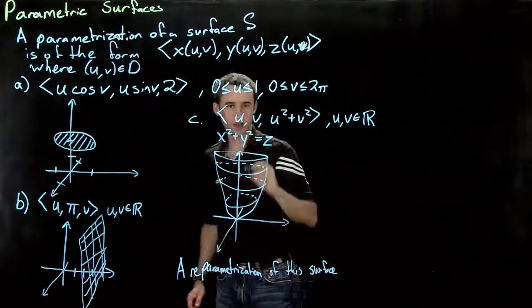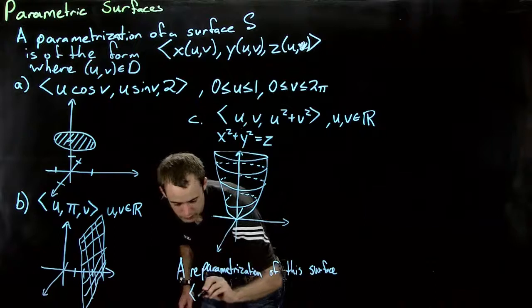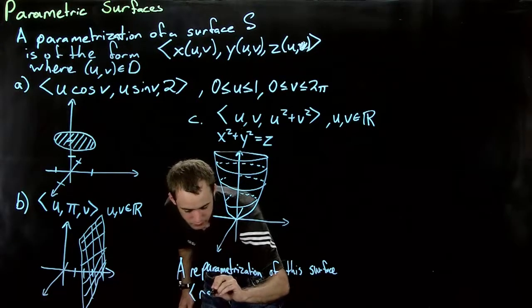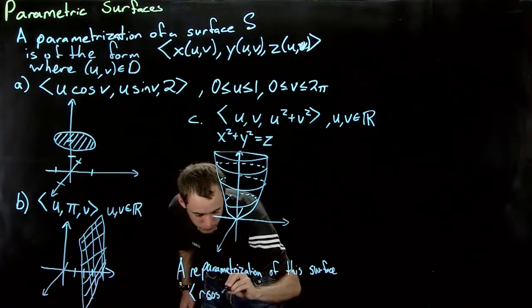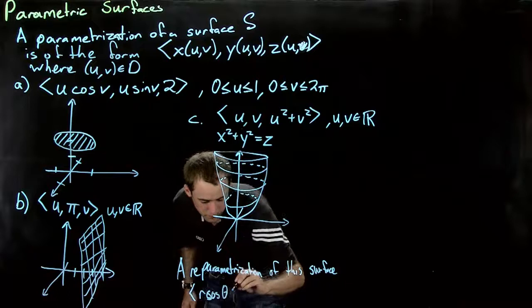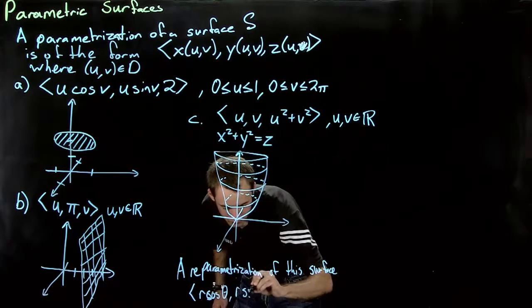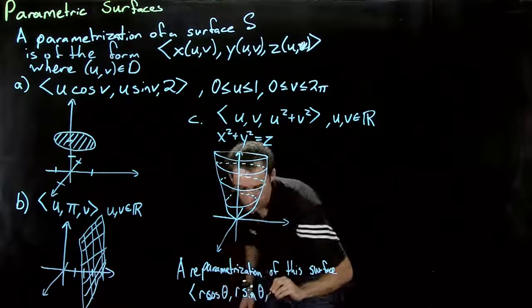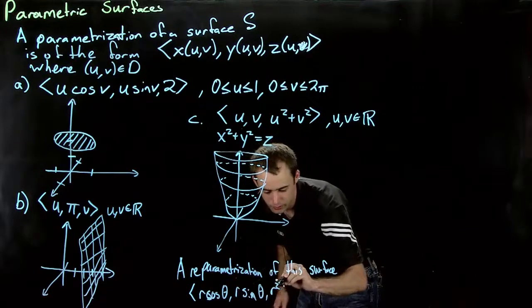So I'm going to have u, or in this case x, be r cosine theta, y to be r sine theta, and finally z is just r squared.